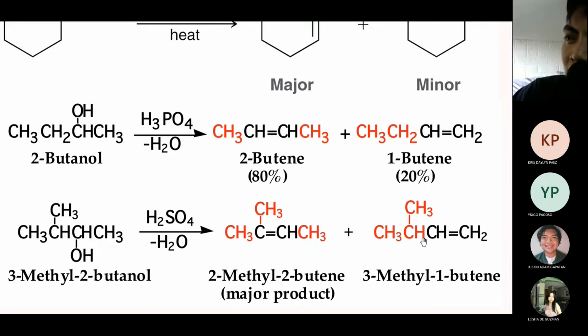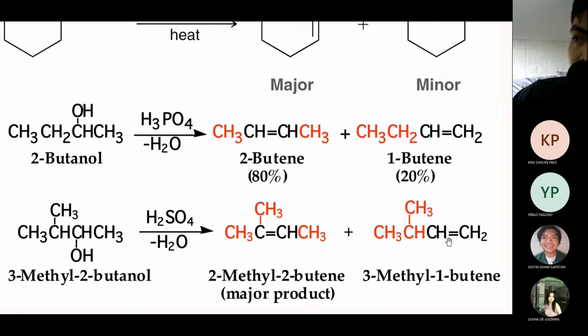Actually, dapat naka-indicate nga dito. Ito yung major product natin. Okay? Yan, so yan, nakalagay pala, major product. Okay? So this is your major product. Why? Kasi kung itong hydrogen yung kinuha niya, dito mapupunta yung double bond. So dito sa double bond, ilang carbon groups yung connected dito? Sa dalawa, tatlo. So kaya siya yung major. Ito naman, kung dito, yung OH na to, kunin niya yung hydrogen dyan, dito mapupunta yung double bond, bandang dulo. Okay?